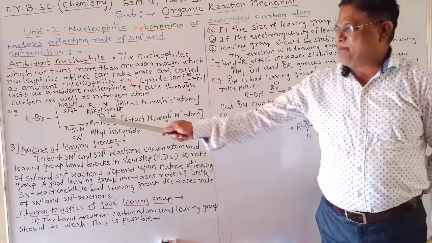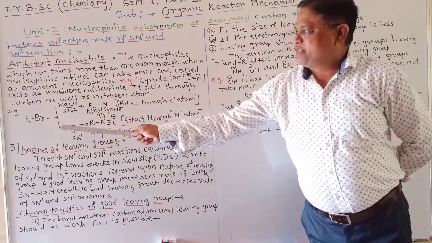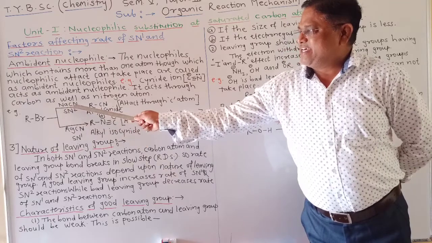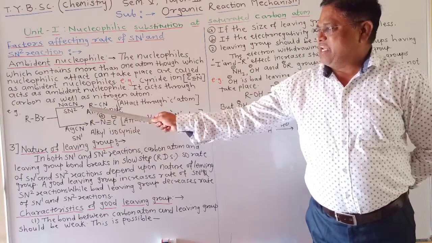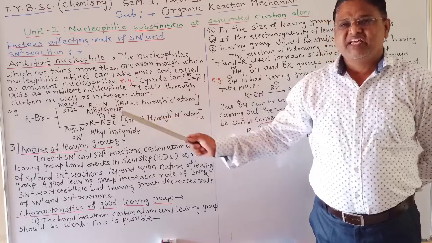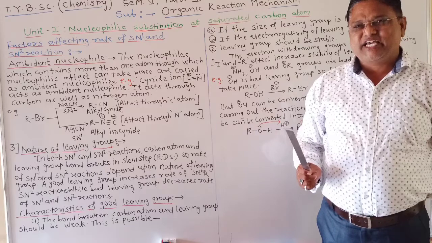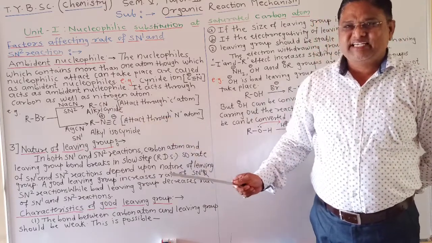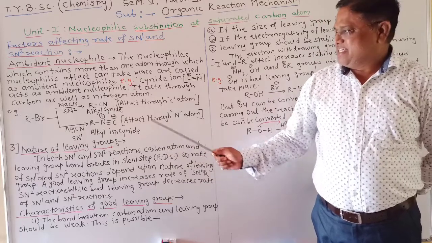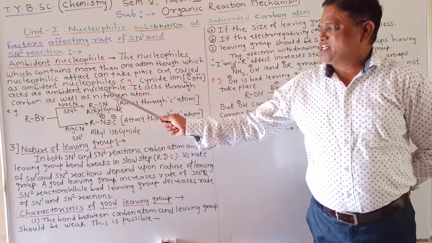We can take the example when alkyl bromide reacts with sodium cyanide via SN2 mechanism to form alkyl cyanide. In this reaction, cyanide acts as nucleophile through the carbon atom.